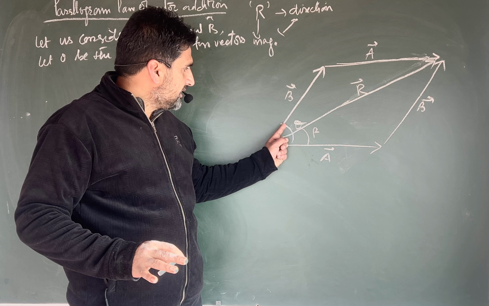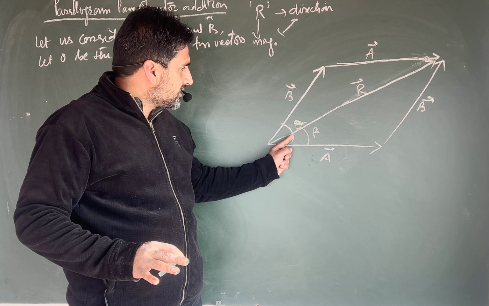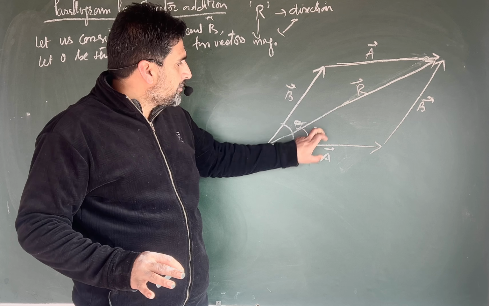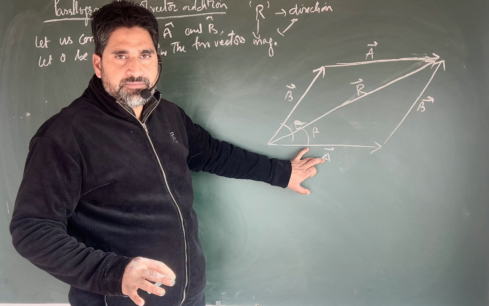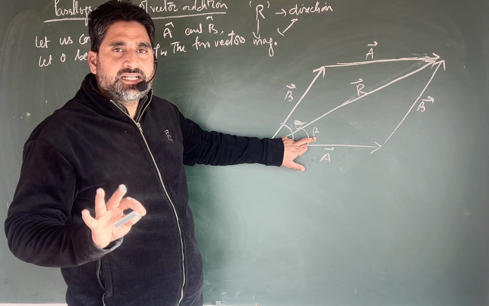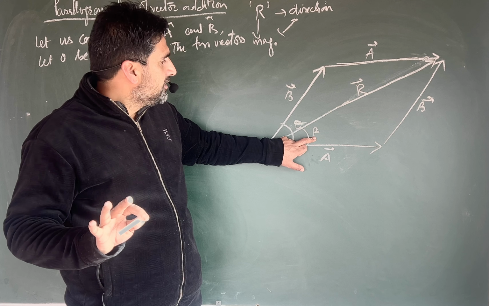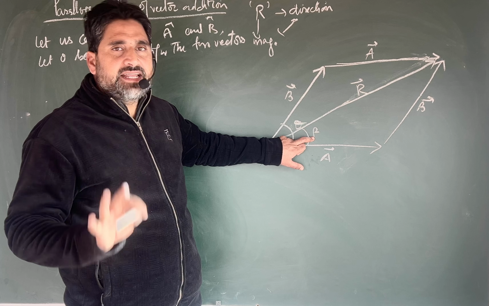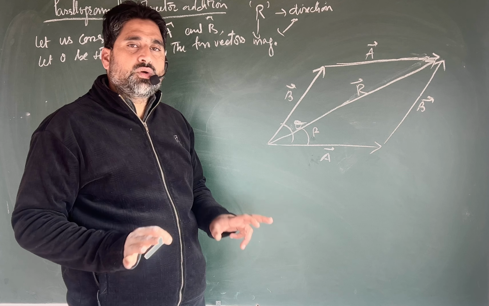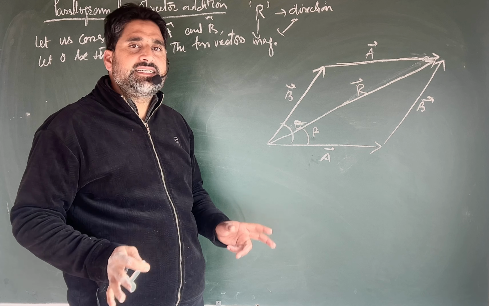So theta is the angle between two vectors and beta is the angle that the resultant vector makes with vector A. So don't confuse beta and theta.